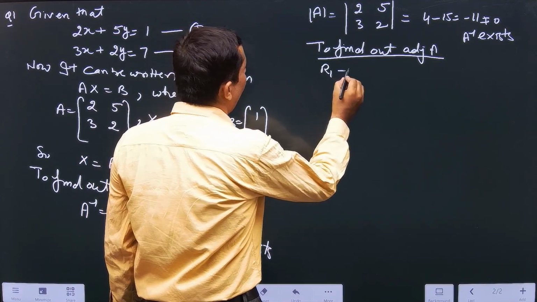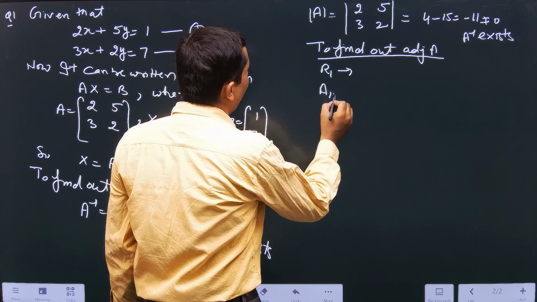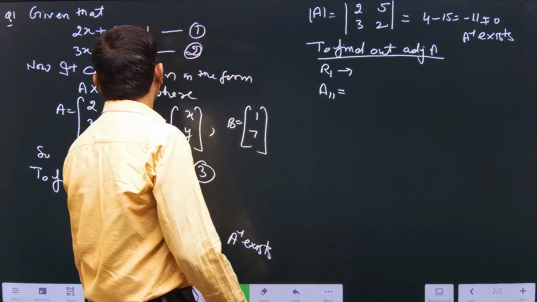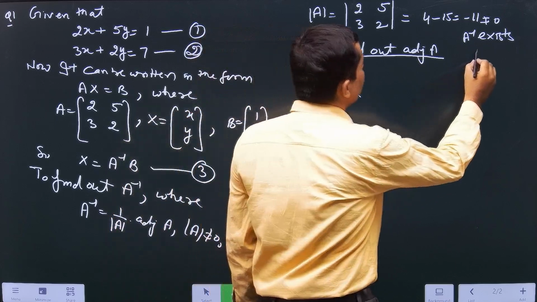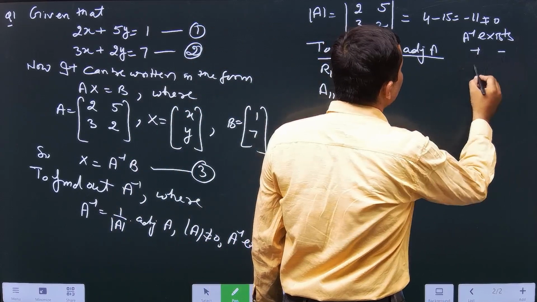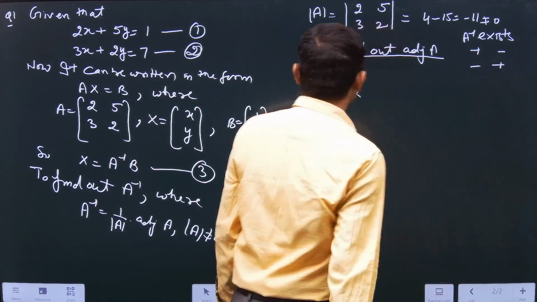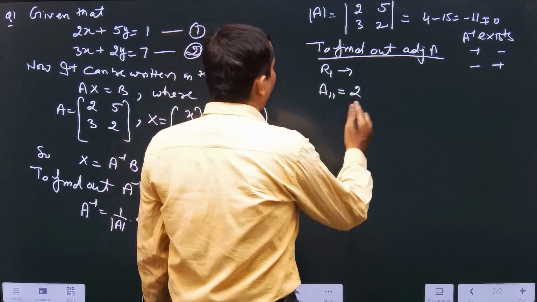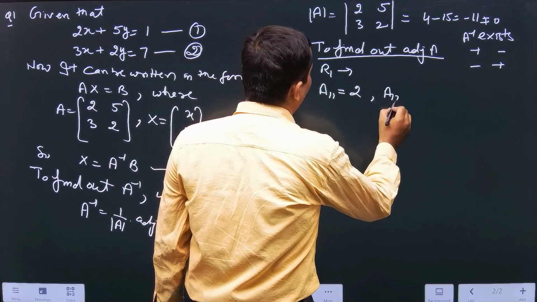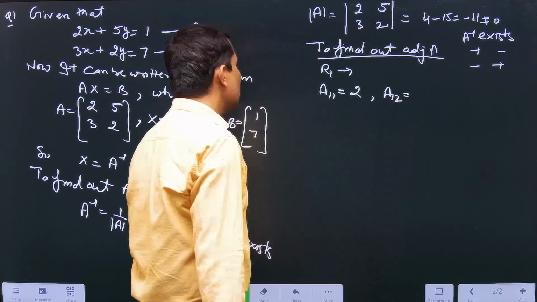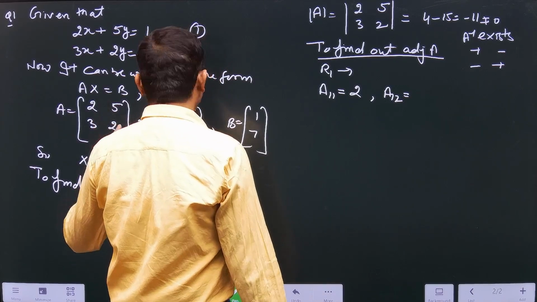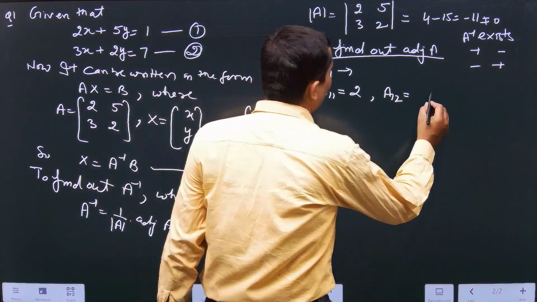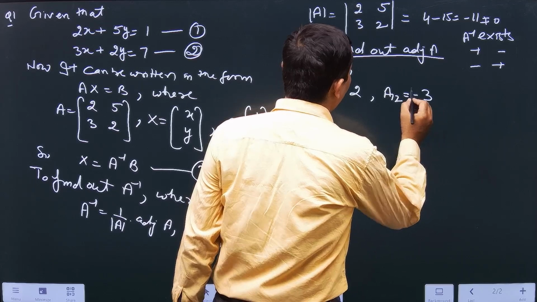Expanding according to R1, A11 is 2, using the sign pattern plus, minus, minus, plus. Then A12 is 3 with the symbol minus.